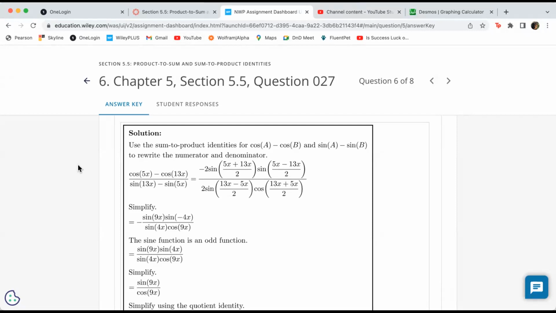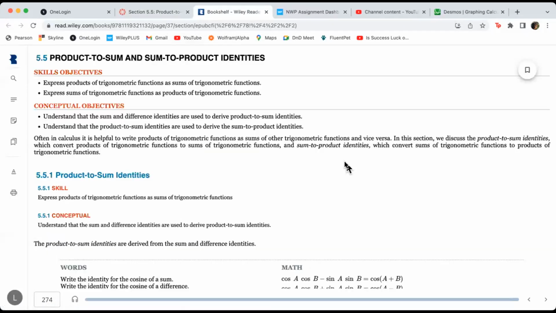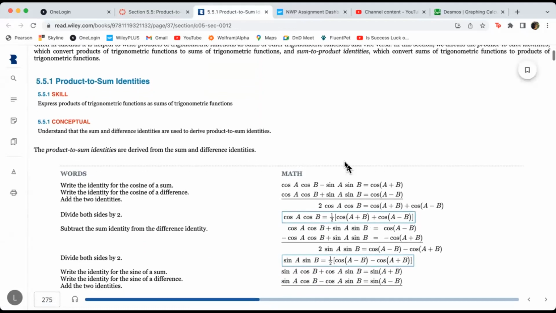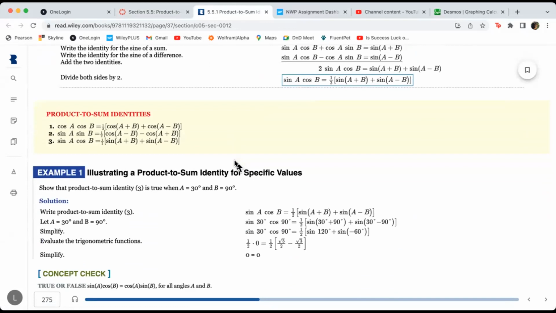Those are your two different arguments. So there's your product to sum, and the sum to product is just turning those around, so multiplying by 2 and so forth.